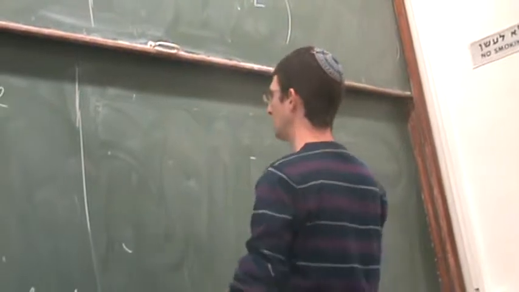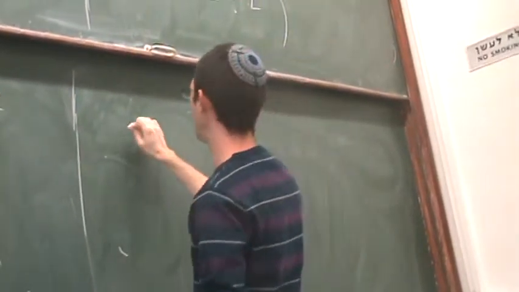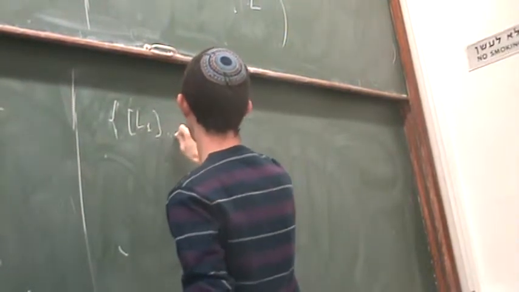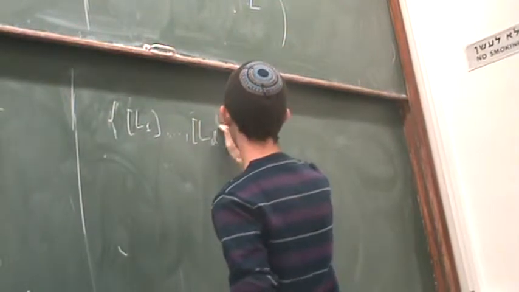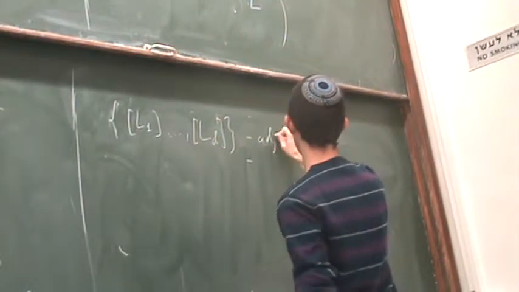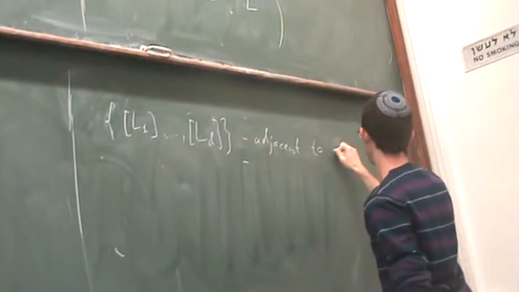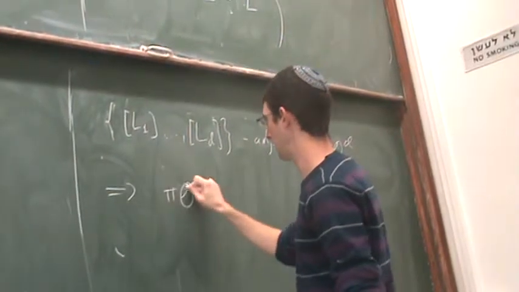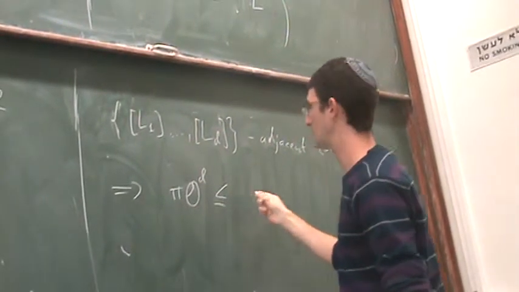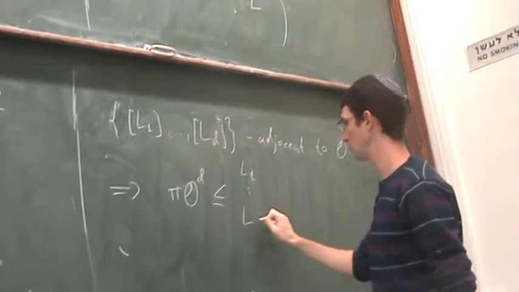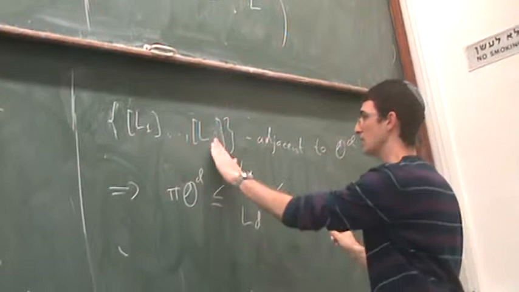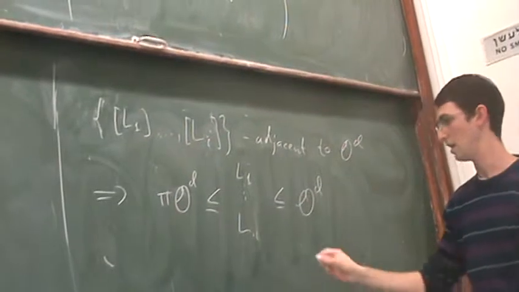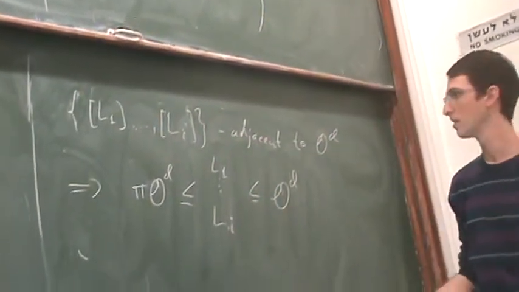Okay. So now, what do I have? I have L1 to LD are all adjacent to O to the D, which means that I have here pi of O to the D, and somewhere in between I have L1 to LD, I'm sorry, not L, to Li, and here is O to the D. Well, right?